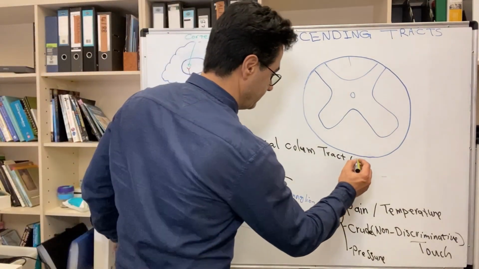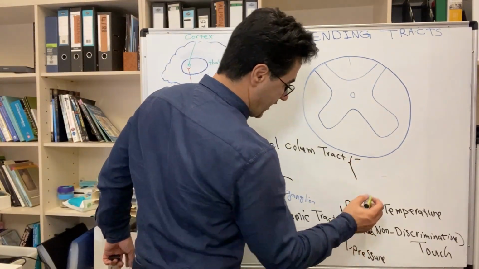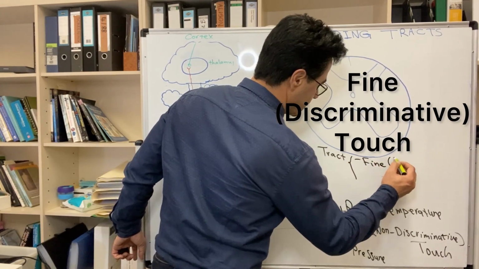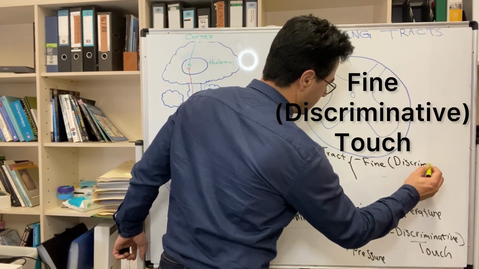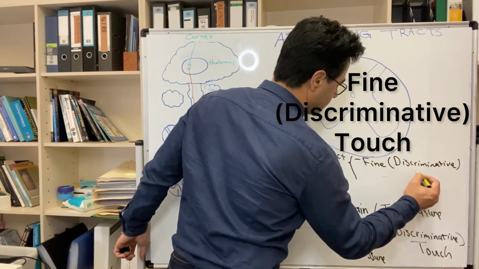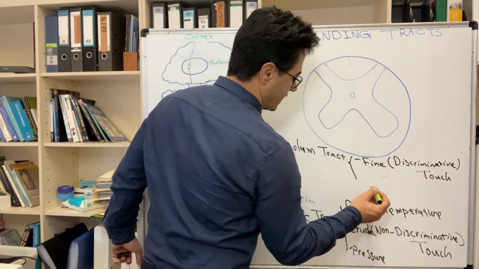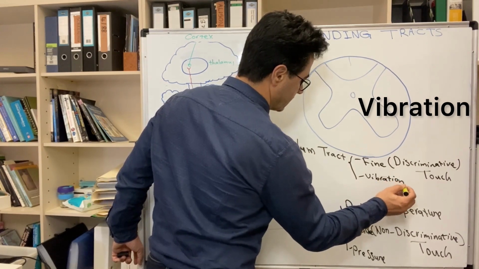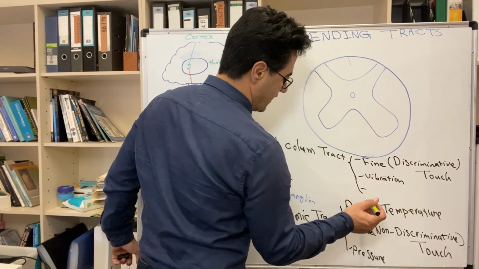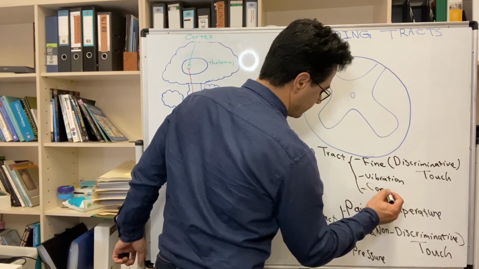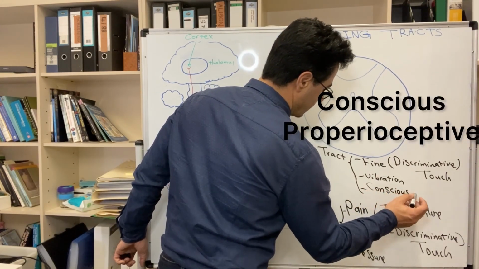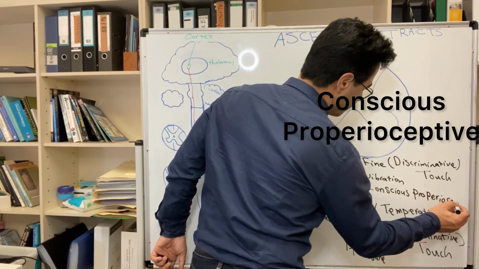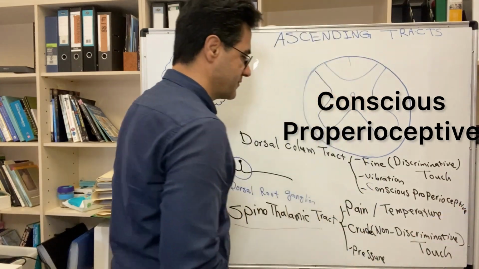They are called fine touch, or discriminative touch, and it also carries vibration, and also it carries conscious proprioceptive.